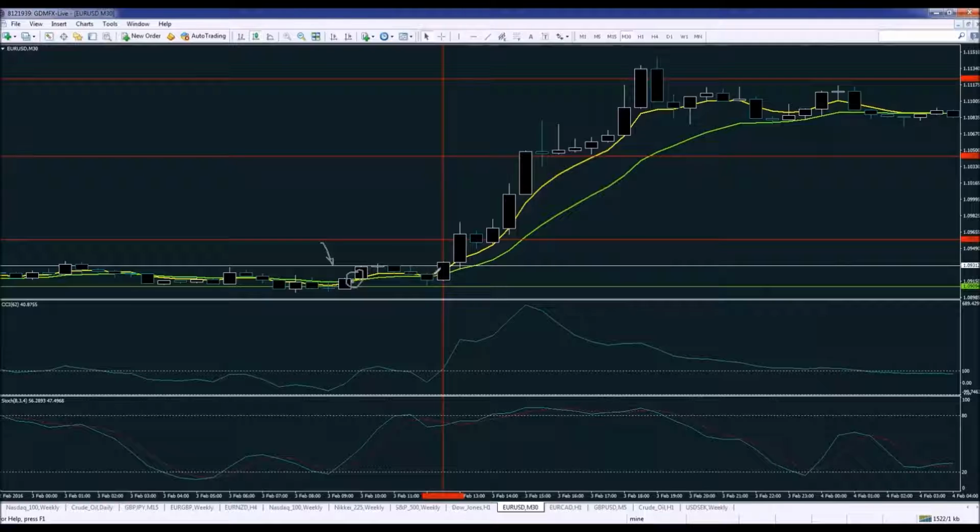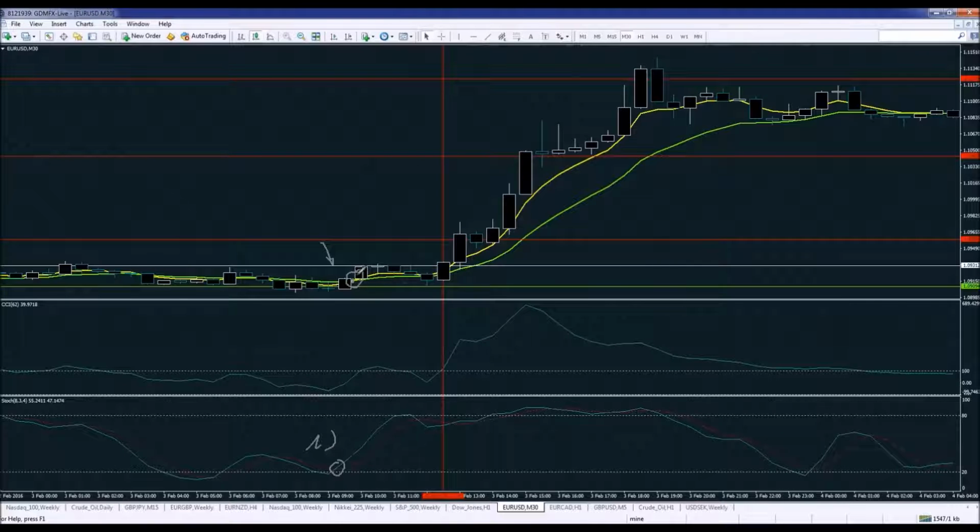Also, there are no more crossovers before the bullish move. We have a crossover of the stochastic. The faster stochastic is crossing the slower stochastic to the upside, which is rule number 1.